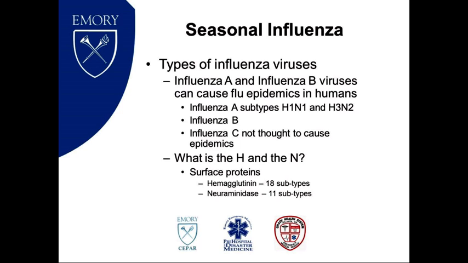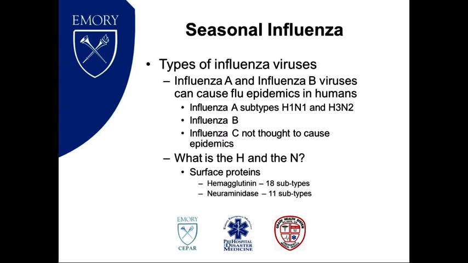Influenza B is further characterized by the area in which it's isolated, the laboratory and the year of isolation to characterize the strain, and influenza C, which can cause human disease, although it's not a very prominent cause and is not thought to be a cause of epidemics.